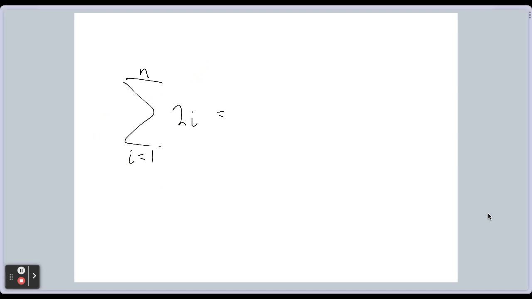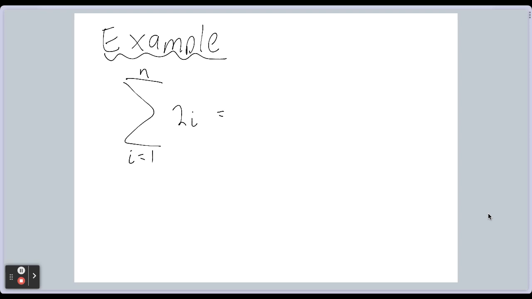So, this is an example. This is the sum from i equals 1 to n, and the rule is 2i. So what we do is an iterative process. That means we repeat the same process over and over again by increasing i by 1 each time.